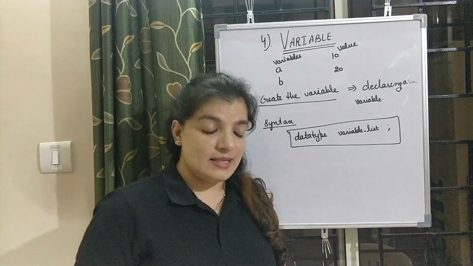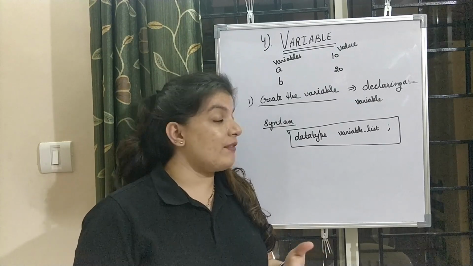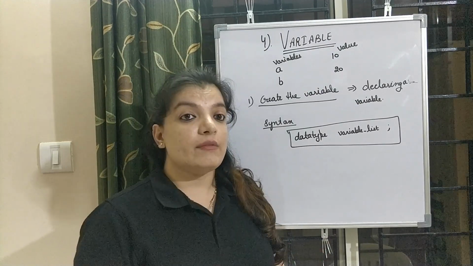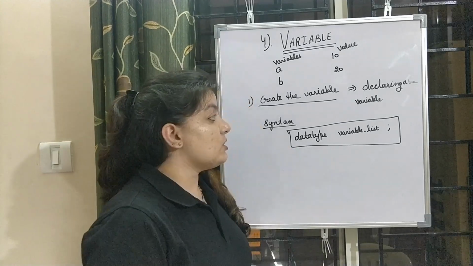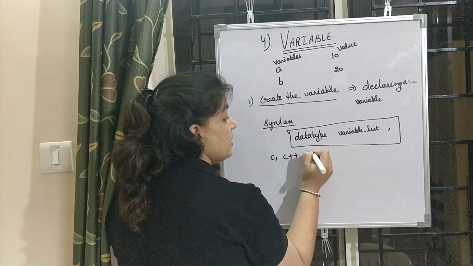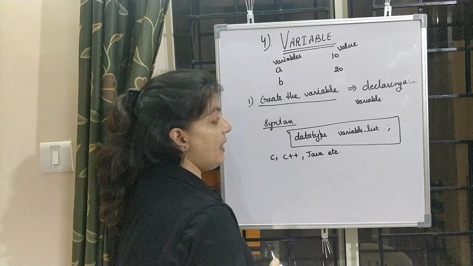As I told you, different types of programming languages may have a different way of creating the variables. So this syntax is used in C, C++, and Java, etc. programming languages.